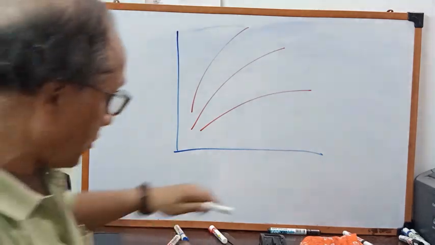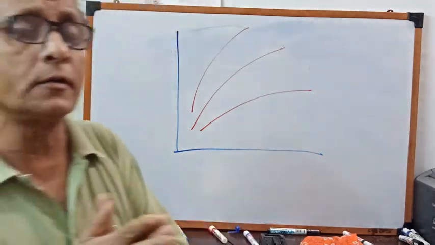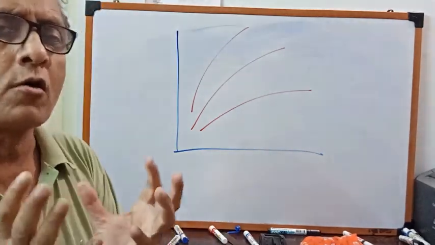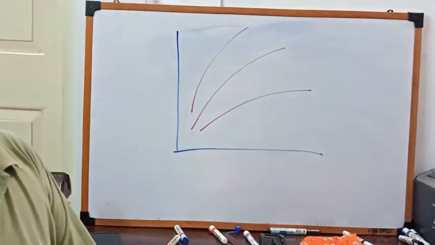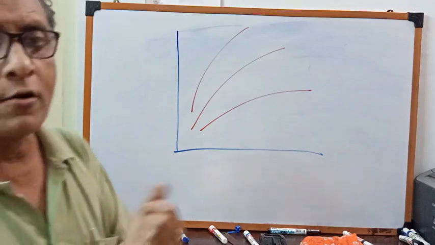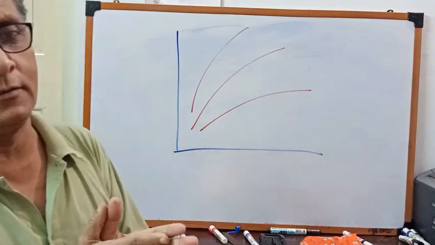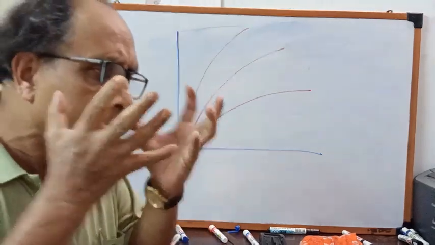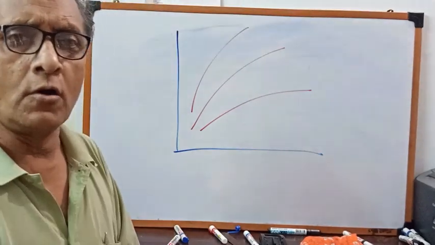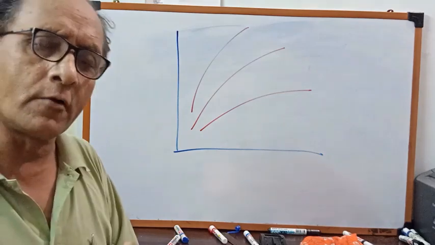Now inotropism specifically implies the contractility of the ventricle. Contractility of the ventricle depends upon several things.